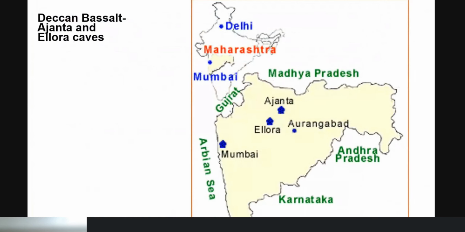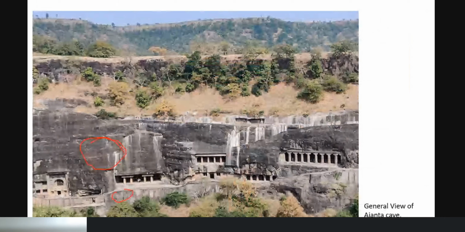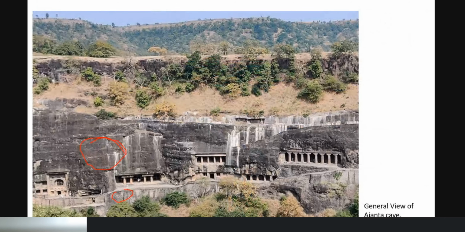These are some monolithic architectural sites which have been carved from that particular place. So how have these basalts been formed at that place? What is the story behind these stones?